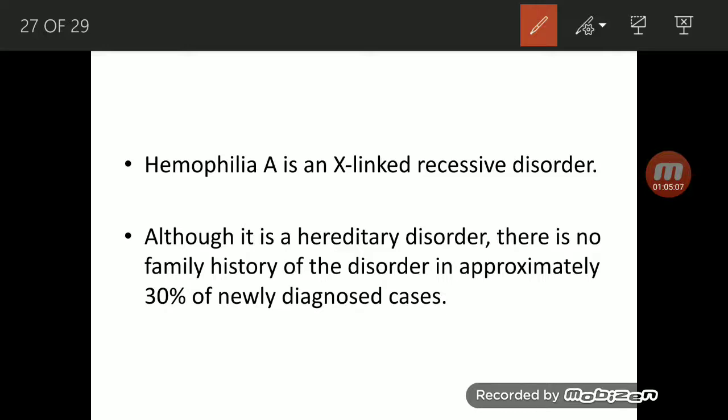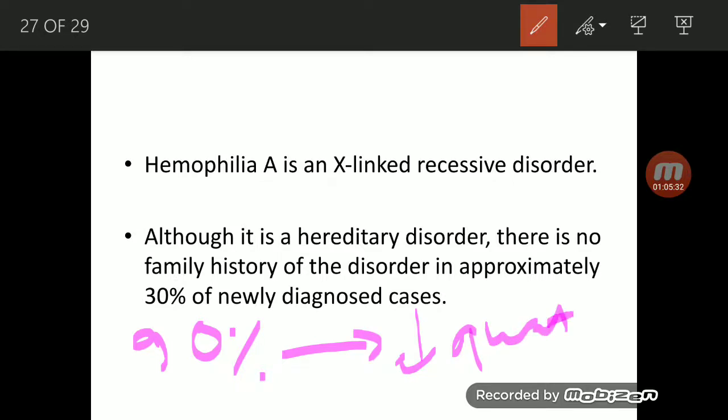Out of all hemophilia A patients, in 90% there is insufficient quantity of factor 8.